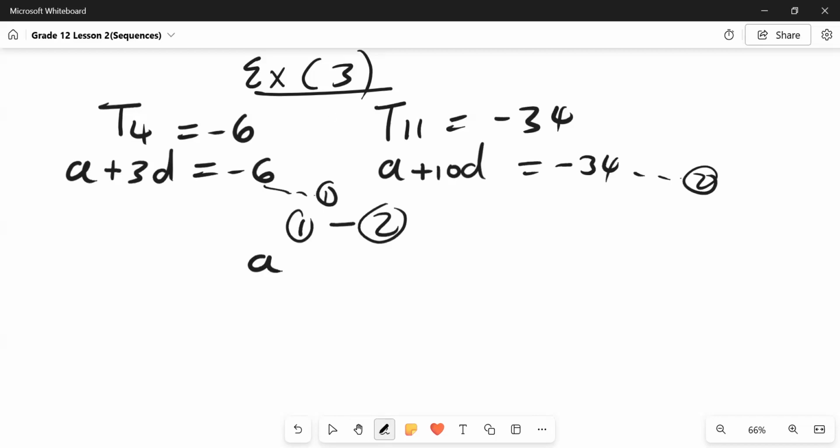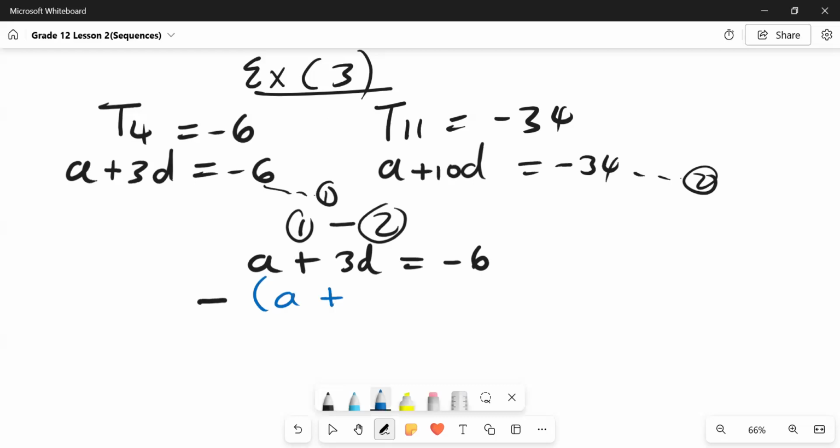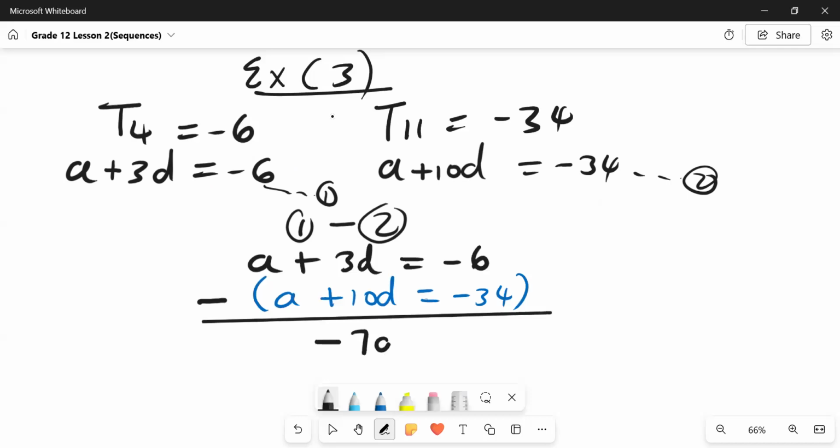So you have your A plus 3D equals to minus 6. Now subtract A plus 10D equals to minus 34. Now let's subtract there. A minus A, that's 0. 3 minus 10, that's minus 7D equals to minus 6 minus minus 34.